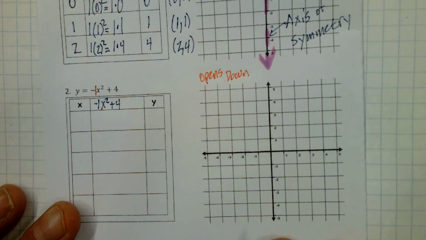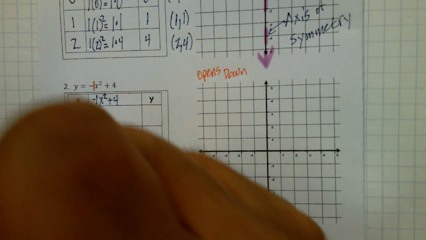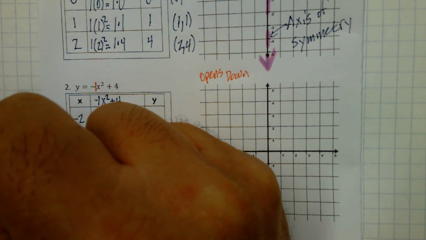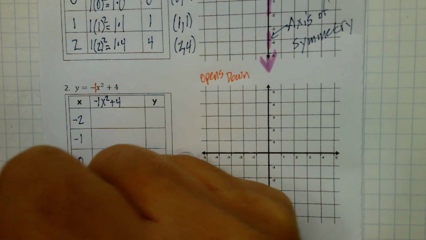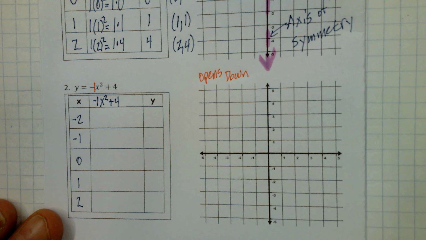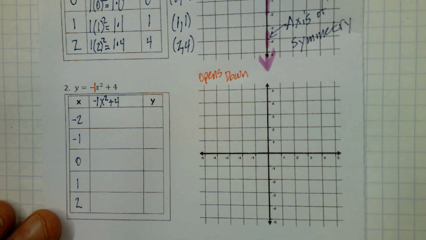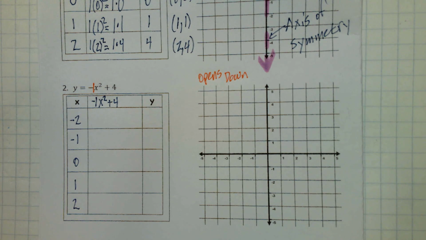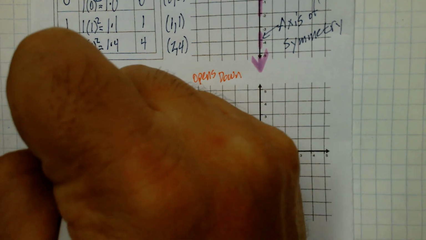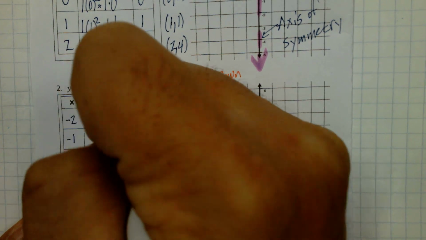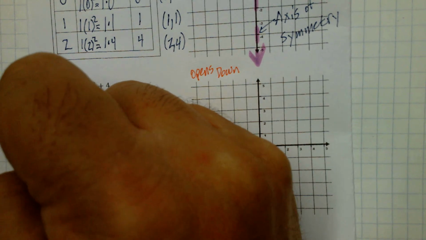And that's the math we're going to perform. Okay? We're going to pick the same numbers, -2, -1, 0, 1, and 2. We're going to center it around 0 because that's our axis of symmetry. Okay? All right, now let's do the math. We're going to do -1 times, replace x with -2, squared plus 4. Okay? And let's just fill it in and then do the math.